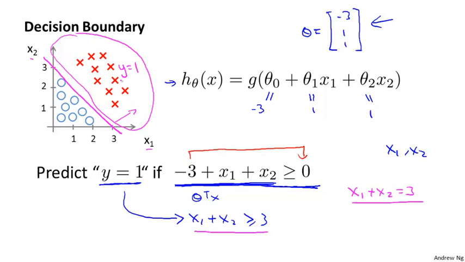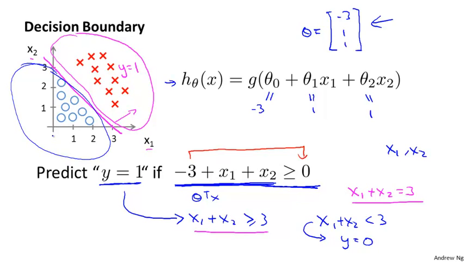And in contrast, the region where x1 plus x2 is less than 3, that's when we will predict that y is equal to 0. And that corresponds to this region. It's really a half plane, but that region on the left is the region where our hypothesis will predict y equals 0. I want to give this magenta line that I drew a name. This line is called the decision boundary.